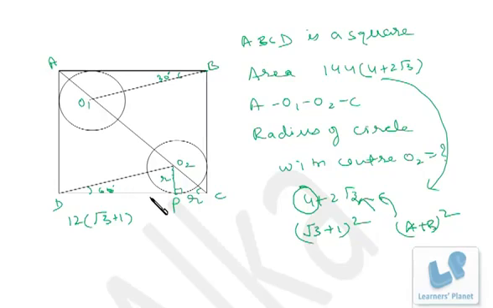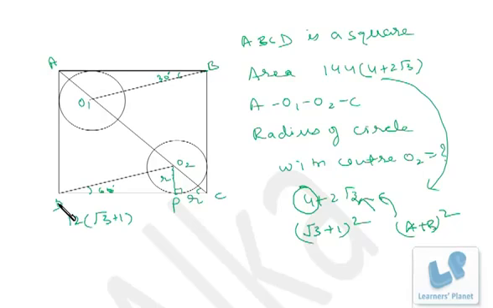Now I'll be using trigonometry over here to make the problem simpler. As I have told you in my basic sessions also, you should know the basic trigonometric ratios and their values. Here is the relationship between R and DP. This 12 (root 3 plus 1) is the complete DC, the entire length. I am interested in DP.